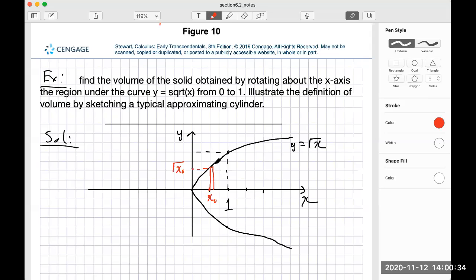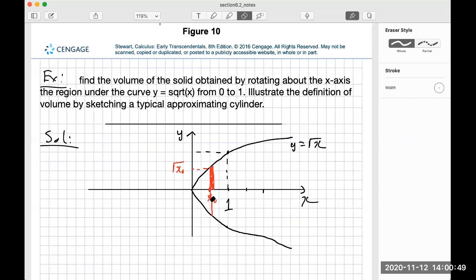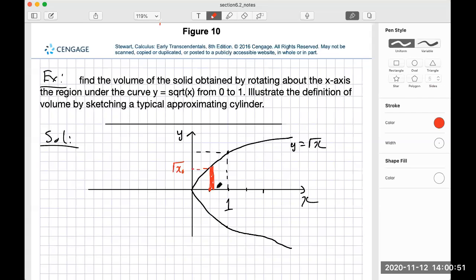then if this red area here rotate about the x-axis, what do we have? So we will have this area, right?